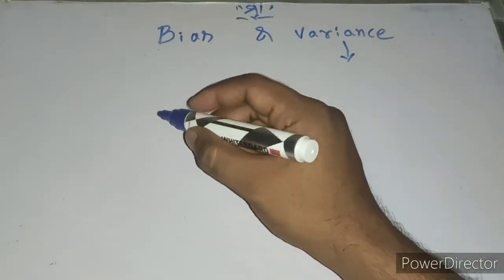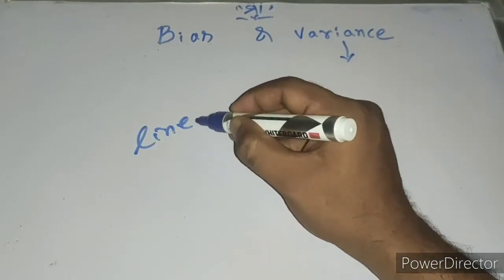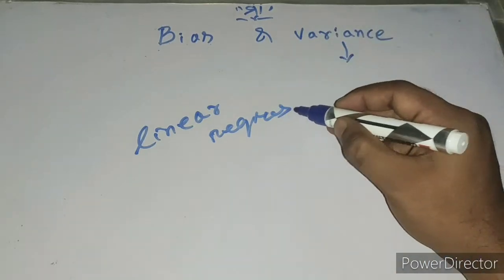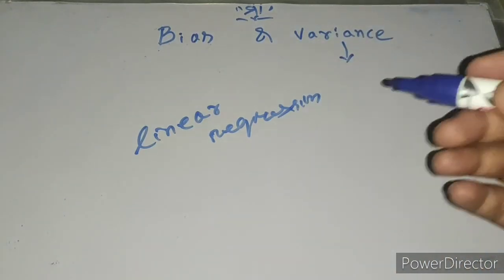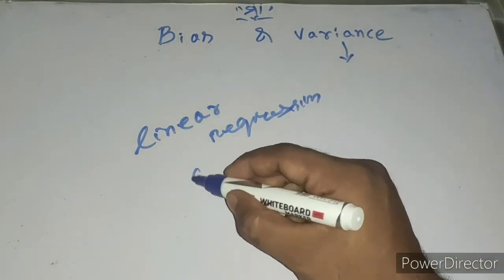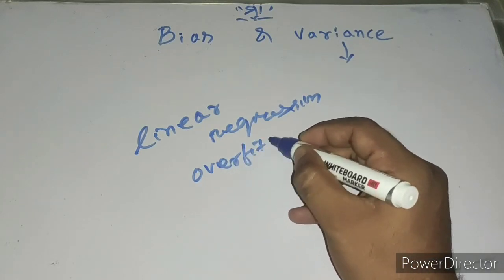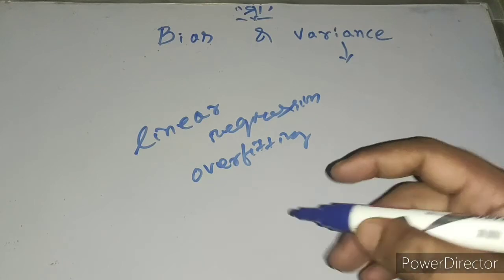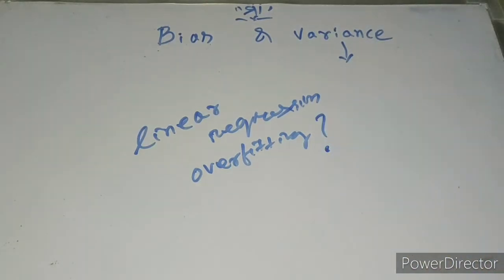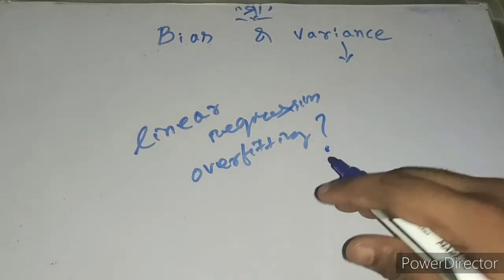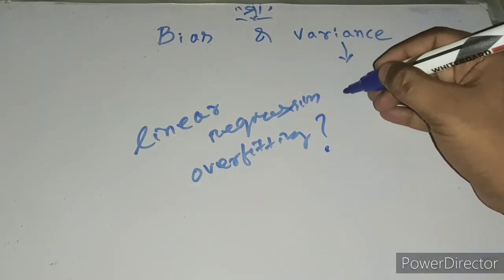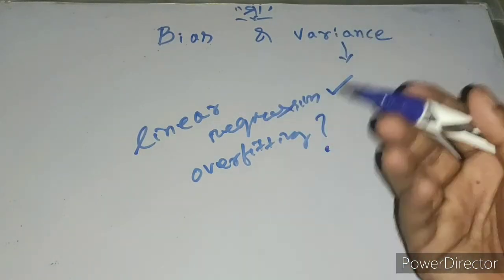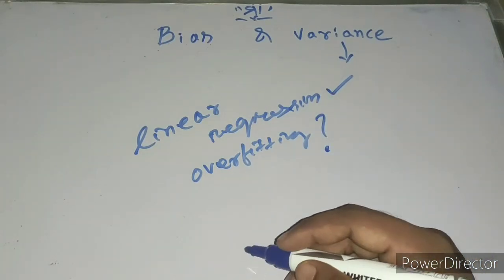While we are working on linear regression, there is a condition where overfitting can appear. Suppose the question is, if overfitting is appearing, what to do? Should we proceed with linear regression, or is there any other algorithm which we can implement?